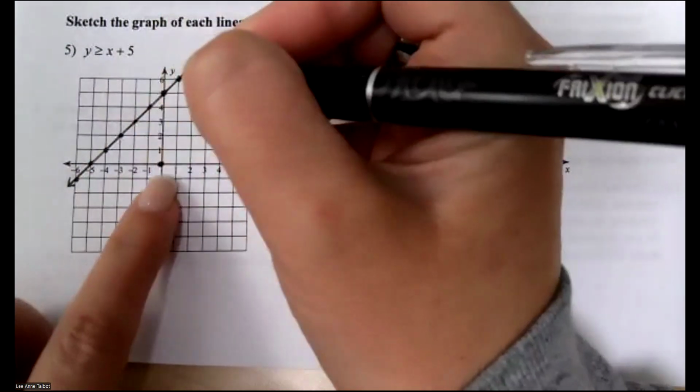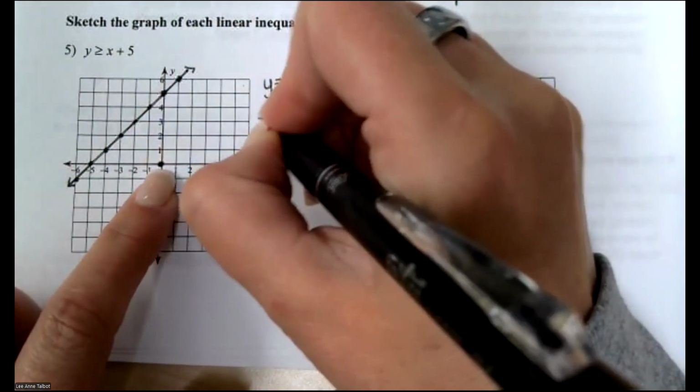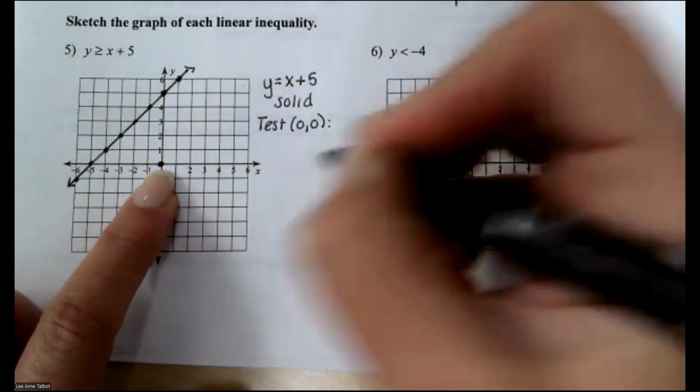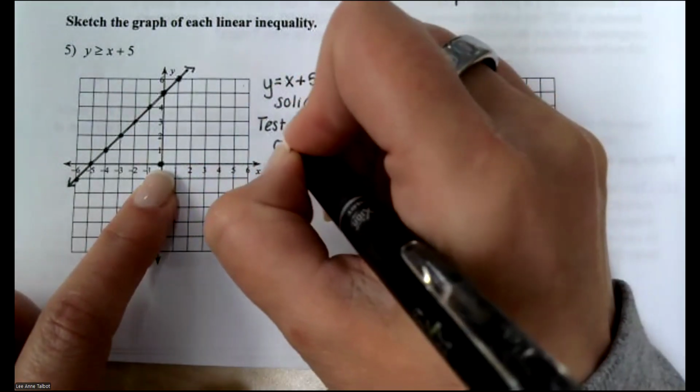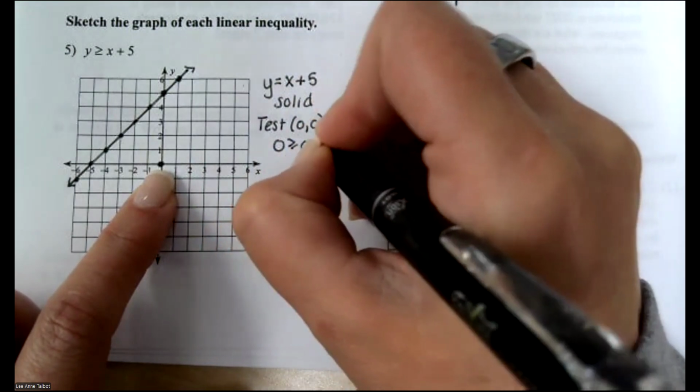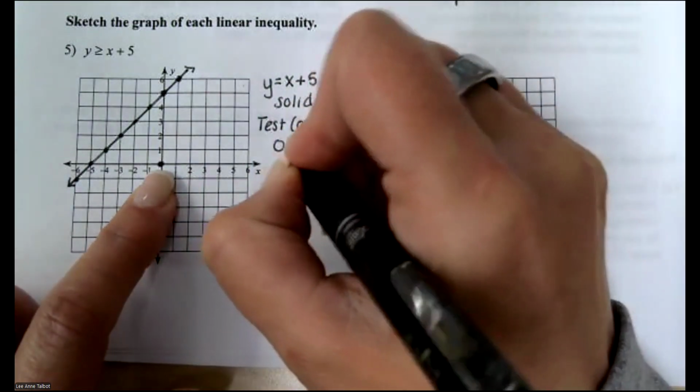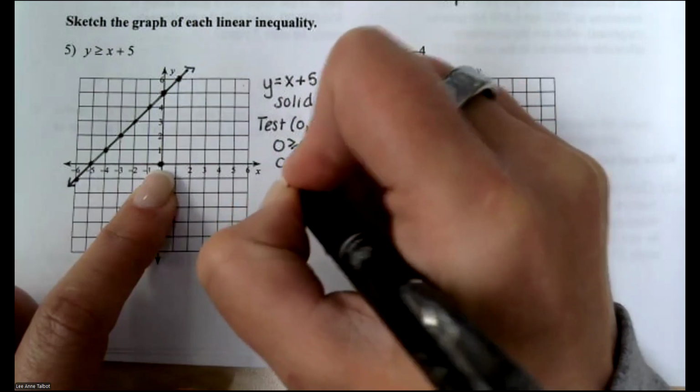Okay, I'm going to test 0, 0 because it's not on the line. 0 is greater than or equal to 0 plus 5. 0 is greater than or equal to 5. False. Great job.